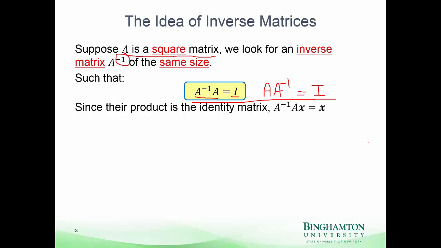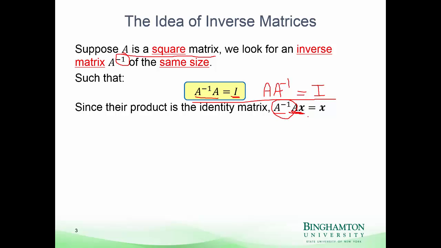Now, the cool thing, and the reason that we're interested in this, remember, we've got this AX sitting on one side. If we hit that from the left with the A inverse matrix, this reduces to the identity matrix.